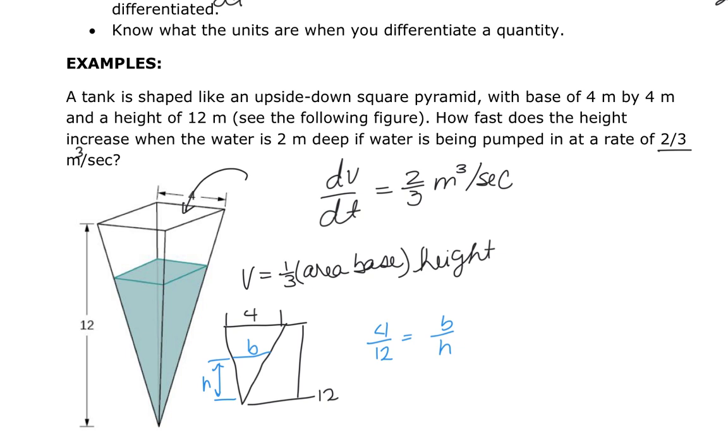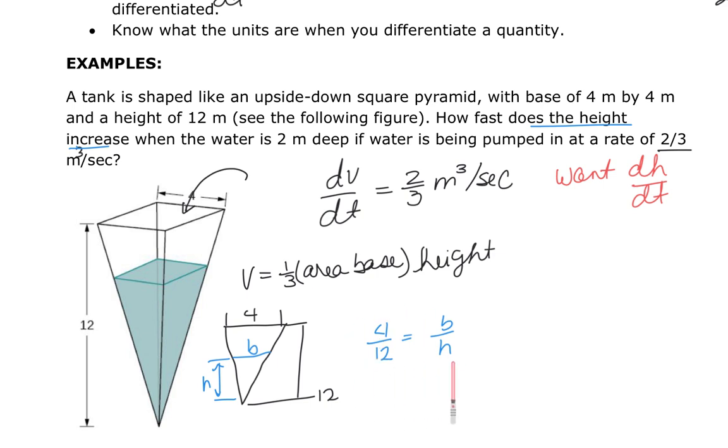Now notice I want how fast the height is changing. So I want dh/dt. So that's my want. Because I want dh/dt, it doesn't say anything about how fast the base is changing at that height.